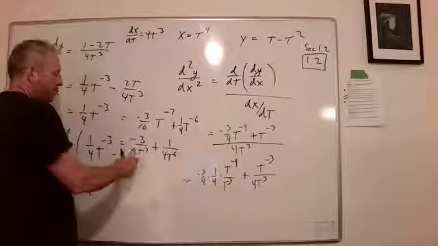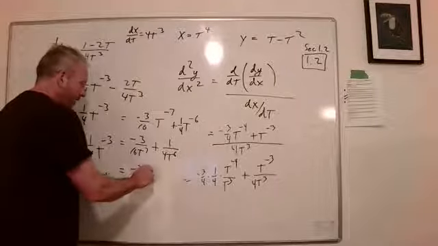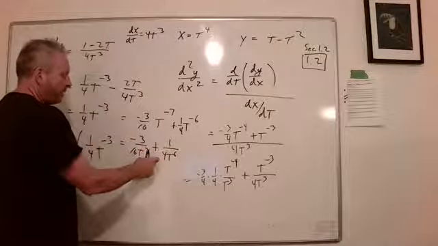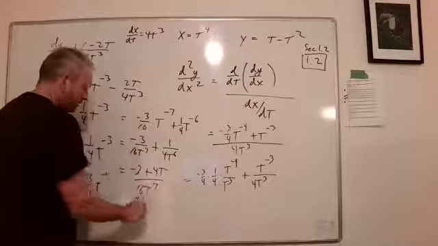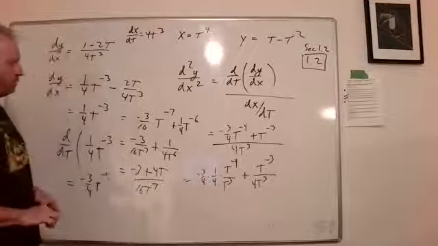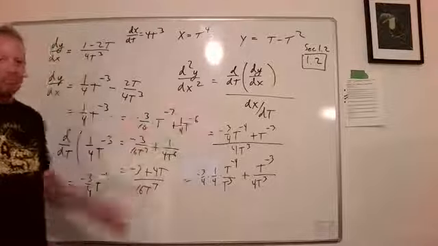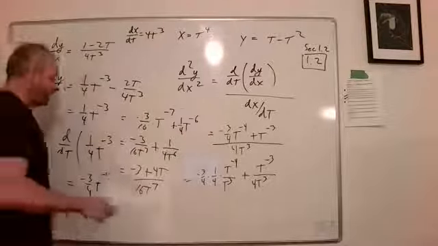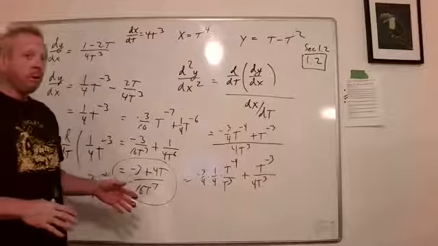Get a common denominator of 16t to the seventh, and we'd have -3 plus, we have to multiply this top and bottom by 4t. So 4t all over 16t to the seventh. Which is simpler, this or this or this? And I don't know, none of them particularly great. I guess I would probably go with that one, but it depends on what we're going to do.